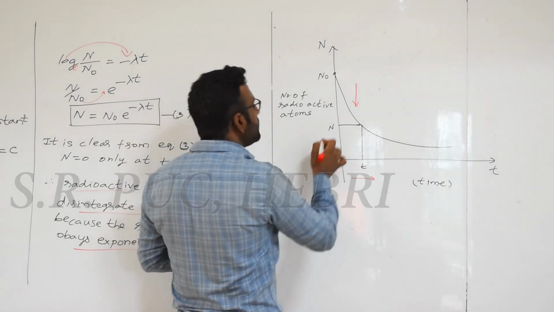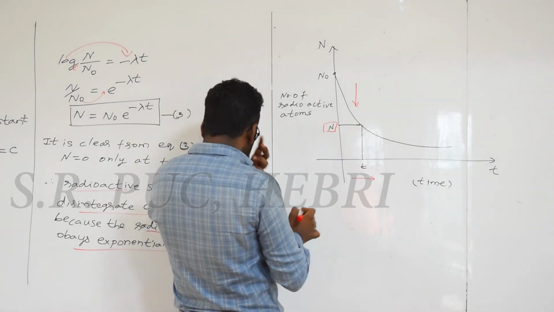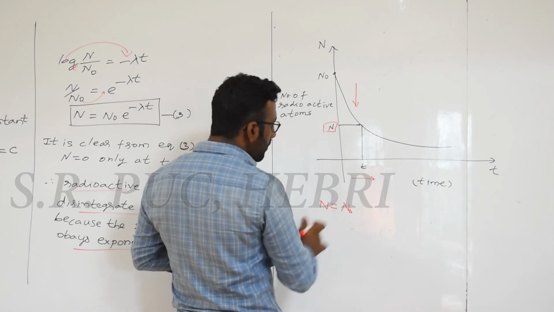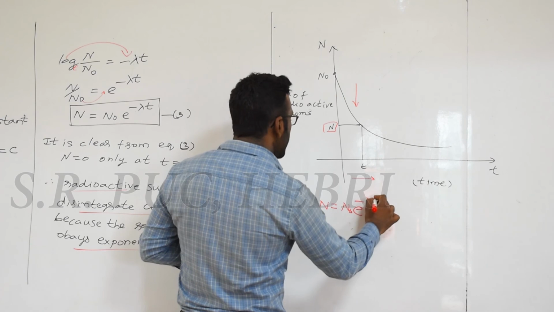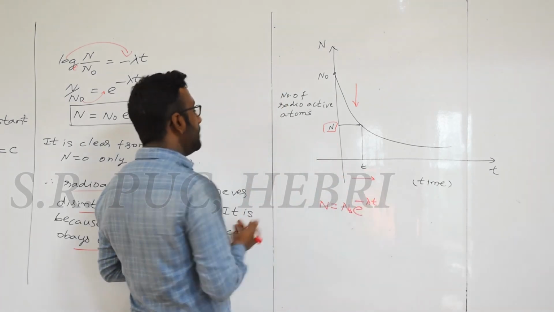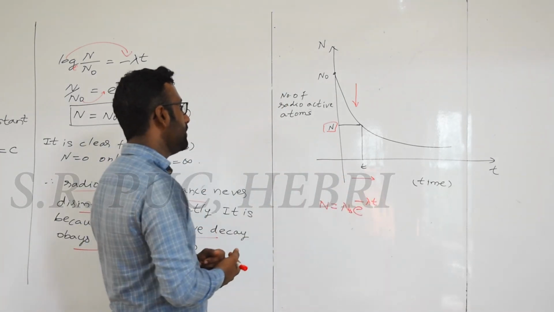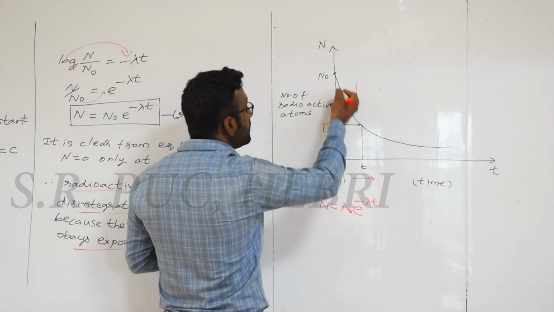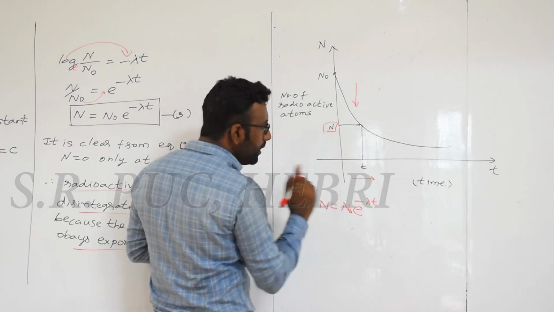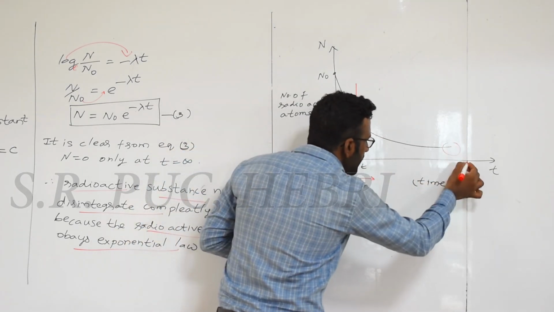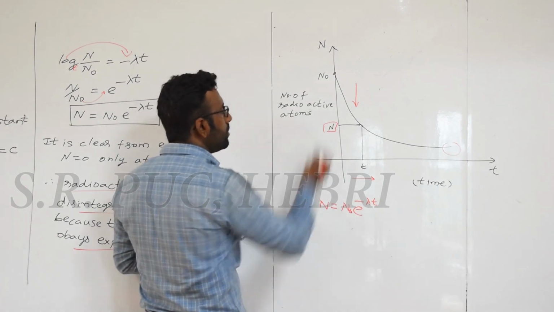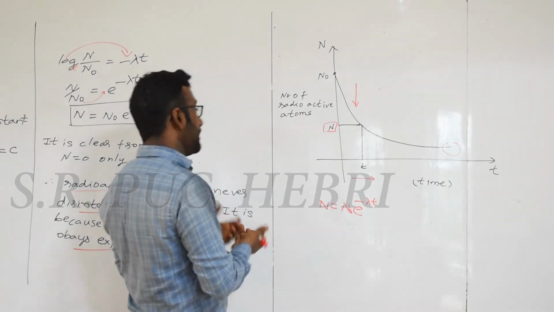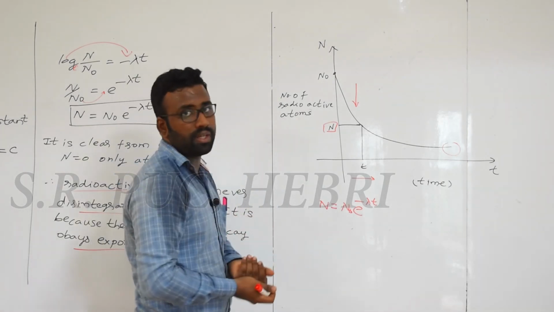At any particular instant, the number of atoms can be calculated by knowing the initial number of atoms with the exponential of the decay constant with time. As time increases, the number of atoms goes on decreasing, and you can see here this never touches 0. That means the number of atoms is never going to get disintegrated completely.